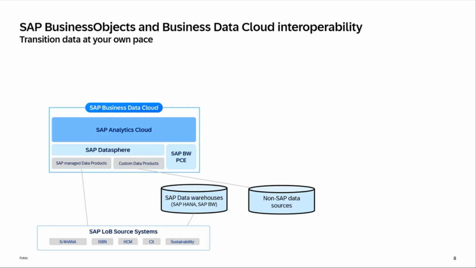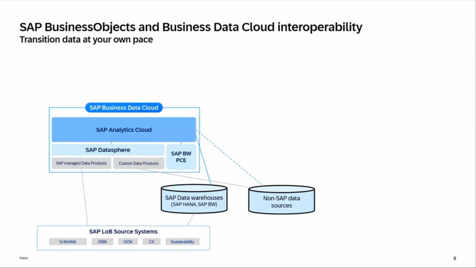Of course, we want to extend that to non-SAP data. Through tools, we can create custom data products, and we have DataSphere, which is the modeling layer where you can have all data. But originally, SAP Data Cloud was really strong at connecting with SAP data, and we are investing in connecting to non-SAP data.